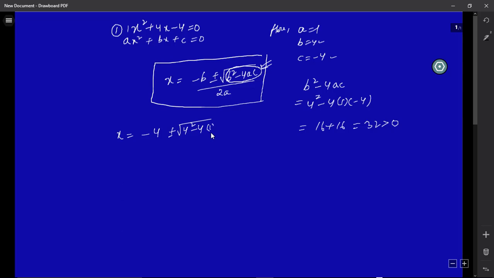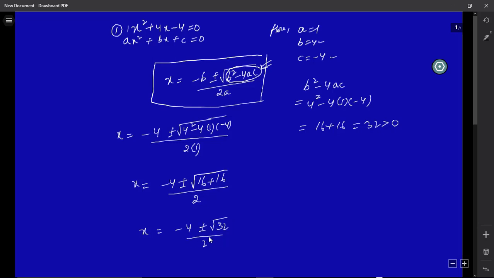In place of a I substitute 1, in place of c I substitute minus 4, by 2a, and the value of a is 1. Minus 4 plus or minus square root of 4 square is 16. Minus into minus is plus, 4 4s are 16, by 2 1s are 2. x is equal to minus 4 plus or minus square root of 16 plus 16 is 32, by 2.